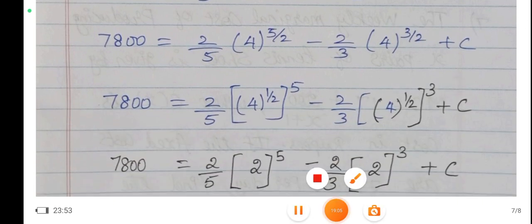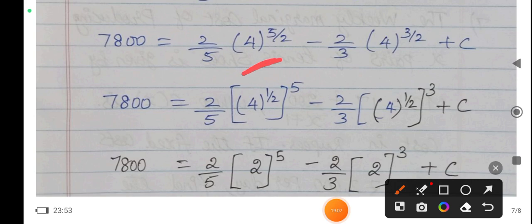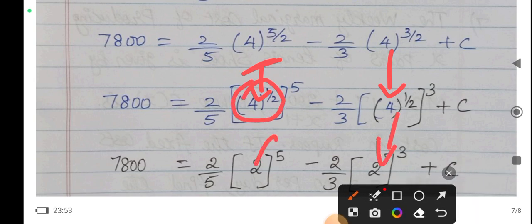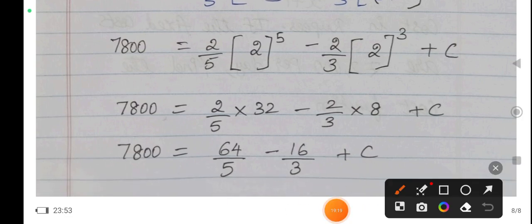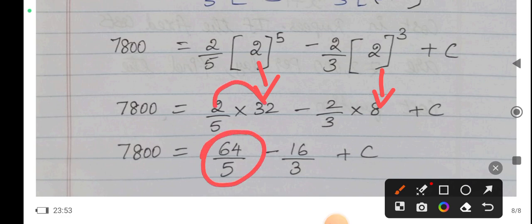So we can write 4 power 5 by 2 as 4 power 1 by 2 whole power 5, and 4 power 1 by 2 whole cube. So root 4 is 2, again root 4 is 2. So you will get 2 power 5, 2 power 5 is 32. 2 cube is 8. So 32 twos are 64, so 64 by 5. 8 twos are 16, 16 by 3 plus c.